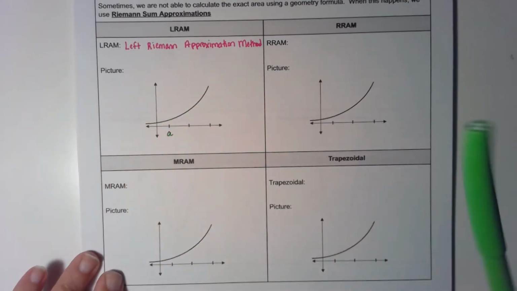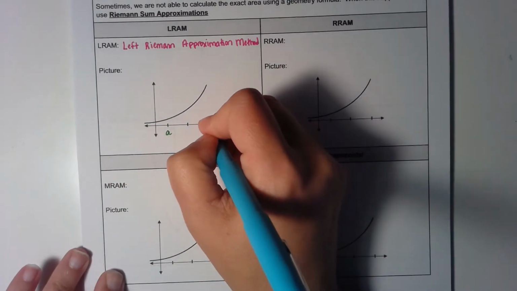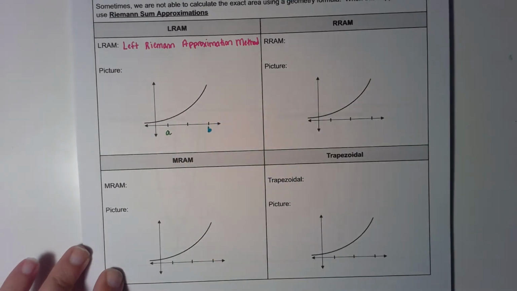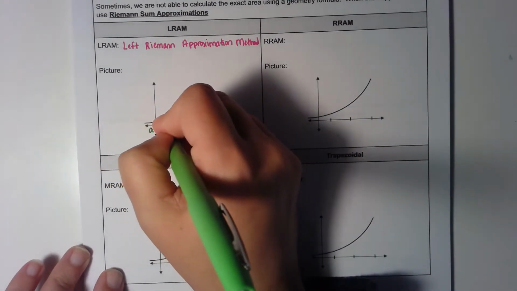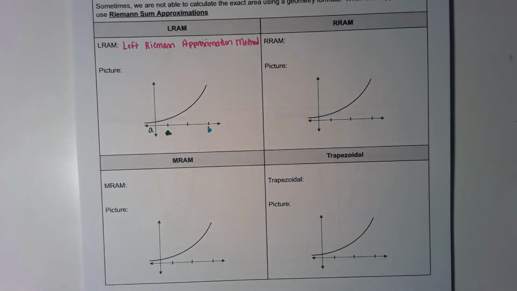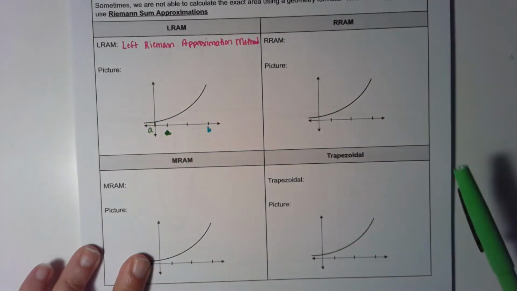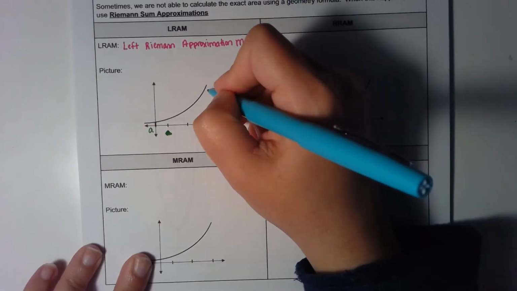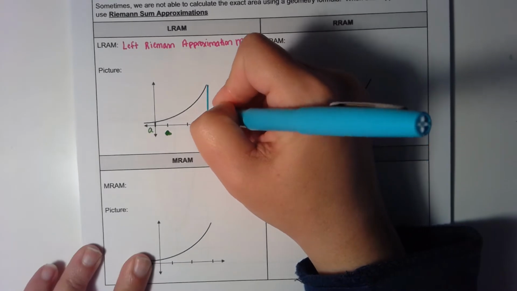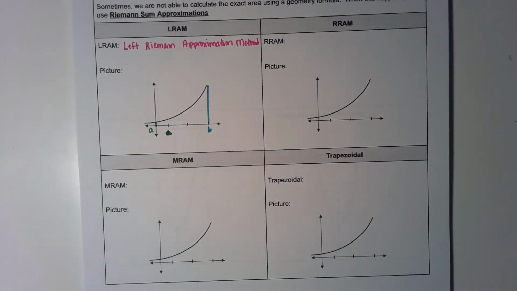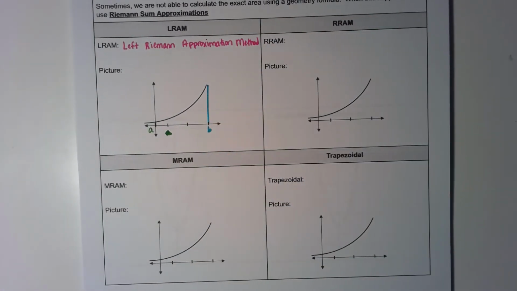So here's my beginning and here's my end. Actually, let's make 0 the a. So let's do from a to b. In order to do that, I would need to find the area between here and here using a geometry formula. But obviously in this picture, we don't have a geometry formula for a curved shape. That's not a thing we know how to do.